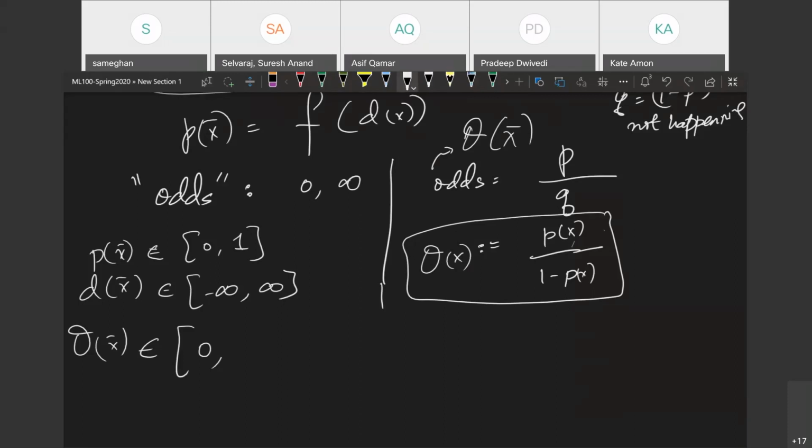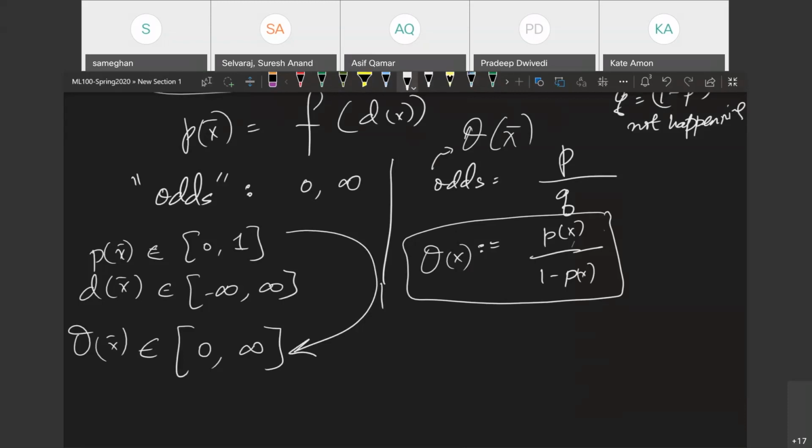You get a very large number, something that's closer to infinity. So the domain of the odds is from 0 to infinity. Well, that seems to be an improvement. We have somehow constructed from P of X something that looks a little bit more like dx, isn't it? The odds are a little bit like dx.